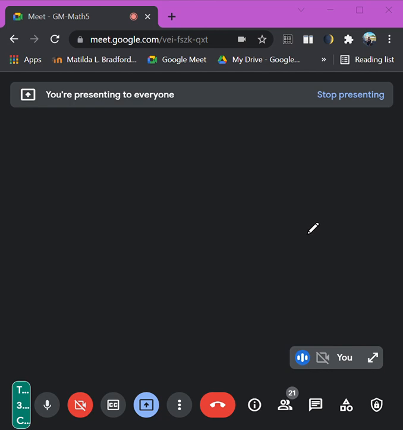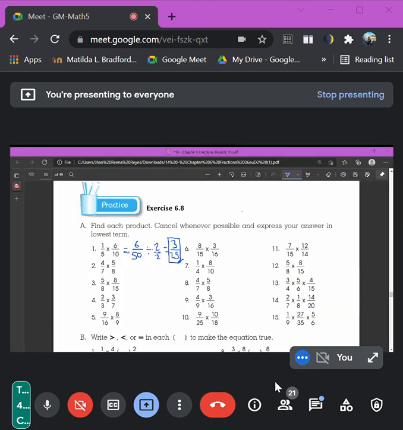And we get 6 divided by 2, that is 3. 50 divided by 2, that is 25. So 3 over 25 is now your final answer. Okay, is number 1 understood, or any questions?